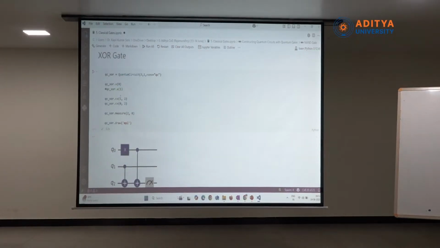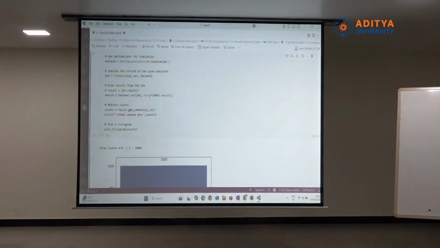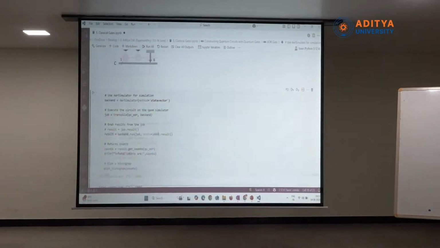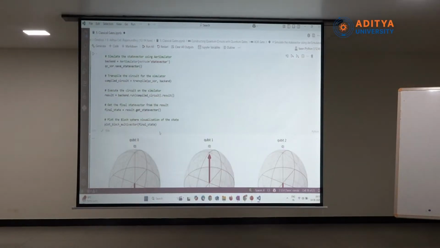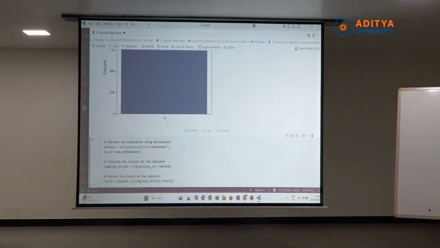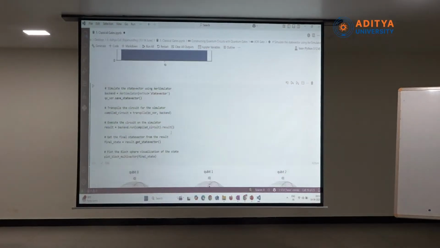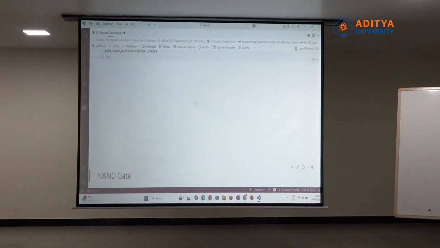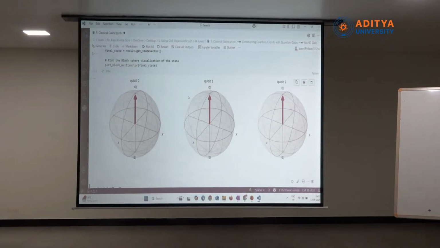Because it is an XOR gate, if we have the same input, the output should be 0. So let's check, this is the circuit. Now what is it measuring? 0. 0 is the outcome, and let's realize here that all are set to 0.